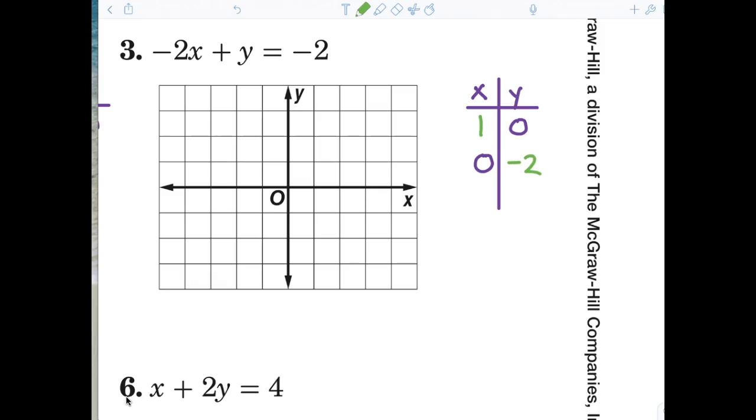And for those of you who can plot points, 1, 0, 0, -2, and now try to draw your straight line. Nothing like Casey's, of course. All right, he's drawing circles over here. All right. That is how simple that lesson is. Very simple in order to graph a line. All right, it is simple. All right, that's it.